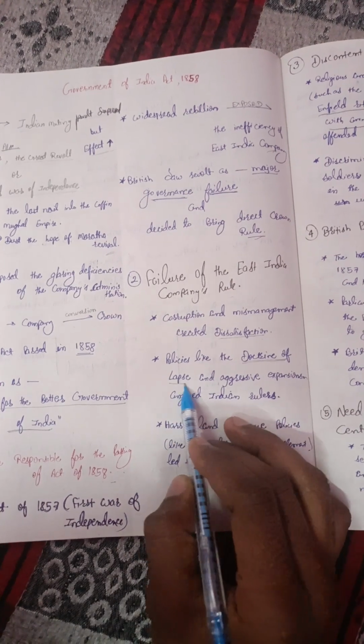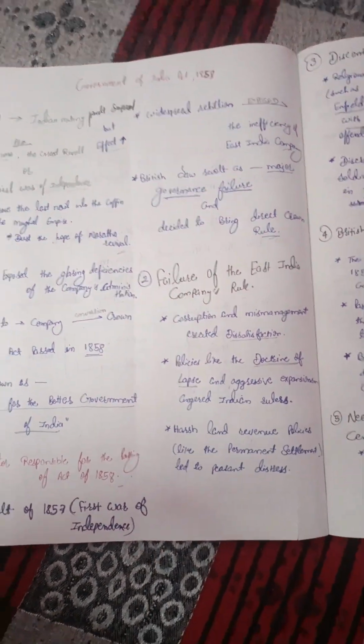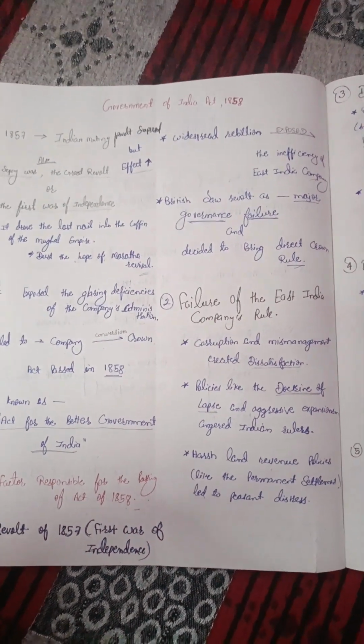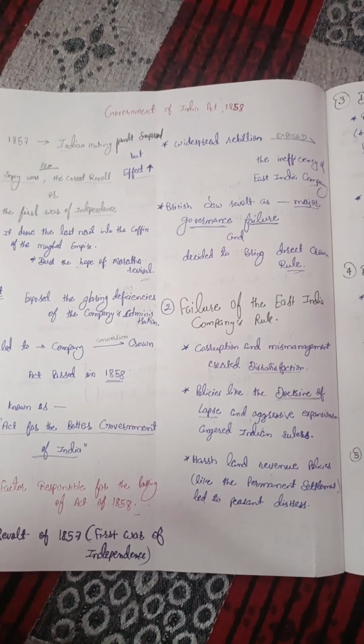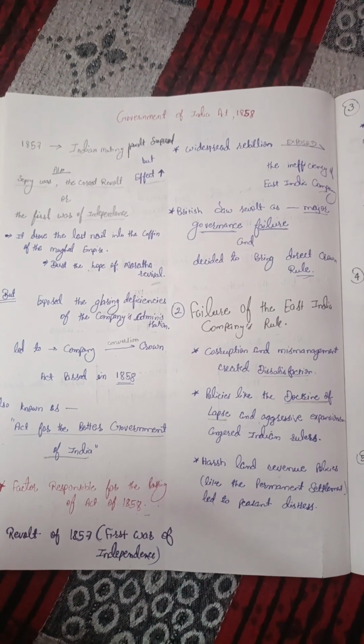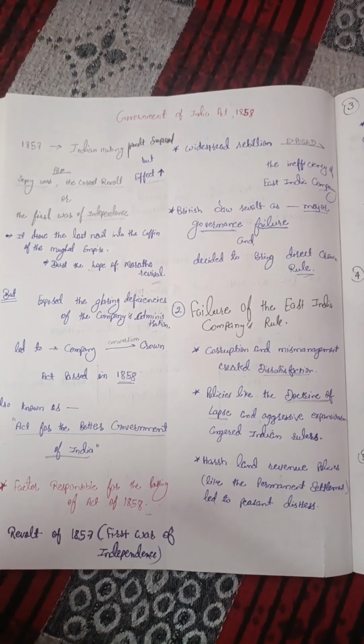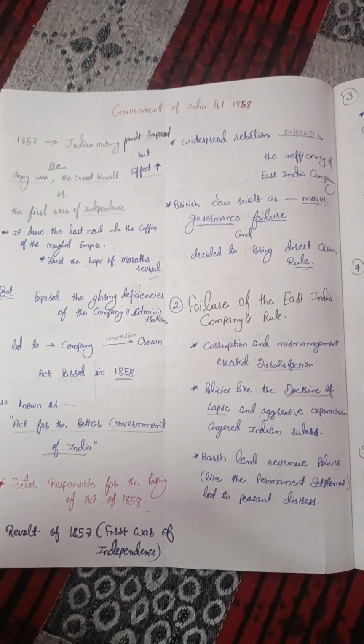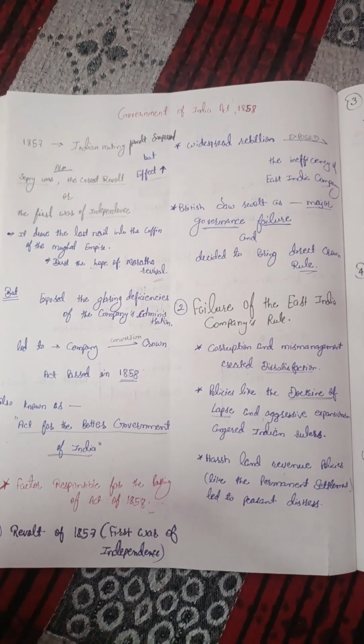So what is the doctrine of lapse? The doctrine of lapse was that when a king or a queen died without an heir, the kingdom was captured by the British.